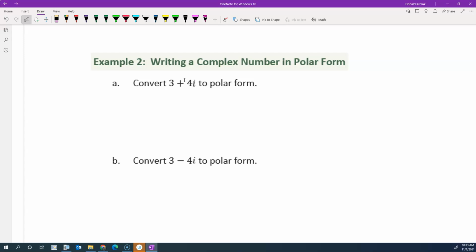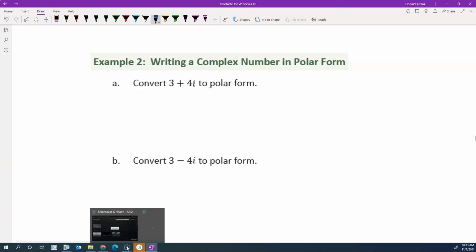So here's what you do. We want to convert this to polar form. In order for something to be in polar form, you got to know the radius, and you got to know the angle. So in order for it to be in polar form, we need to know these values.